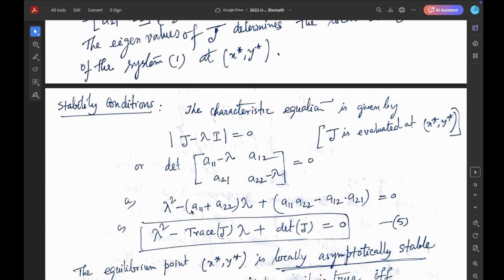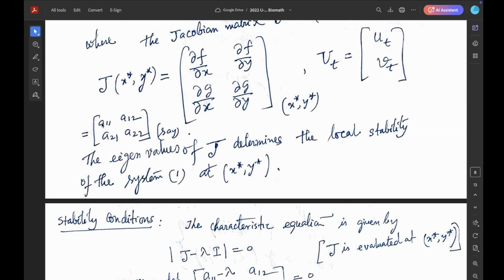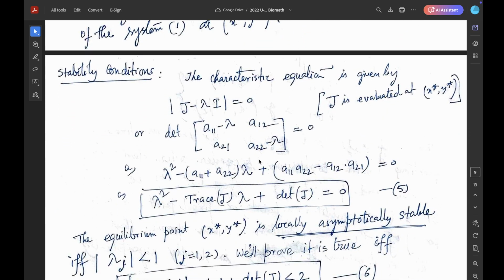So lambda square minus bracket a11 plus a22 into lambda plus a11 a22 minus a12 into a21 equal to 0. This is the trace of the matrix J, the sum of the principal diagonal elements a11 plus a22, and this is the value of the determinant of J. So this characteristic equation reduces to lambda square minus trace J lambda plus determinant J equal to 0.